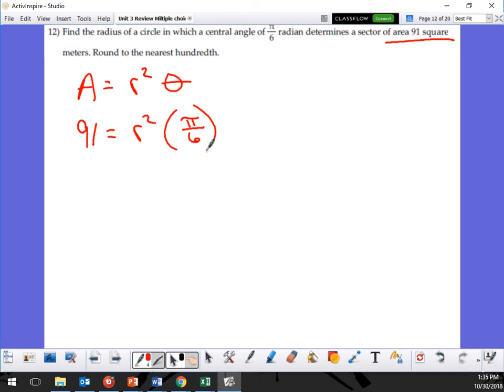So I'm trying to get the r by itself. What would I do to do that? Divide both sides by pi over 6. So r squared is going to be equal to something.